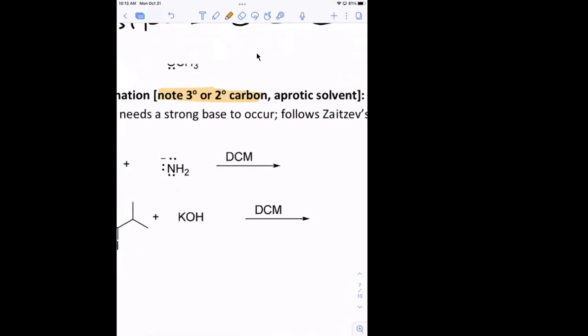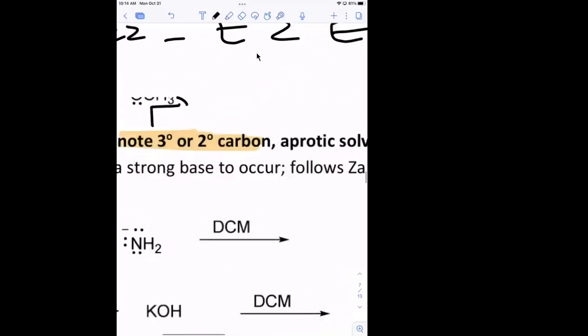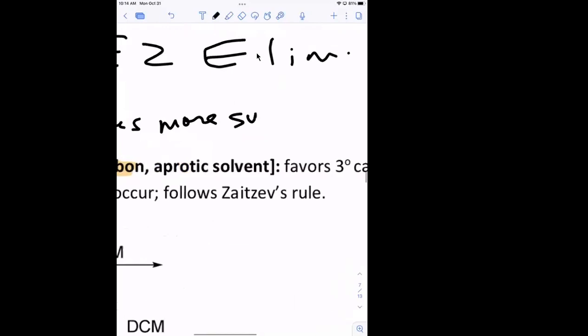First let me back up. For elimination, what is the outcome in the product? Always a double bond, or a pi bond. So a secondary or tertiary carbon is going to give you a more substituted pi bond in the product, and I'll talk about what that means shortly.